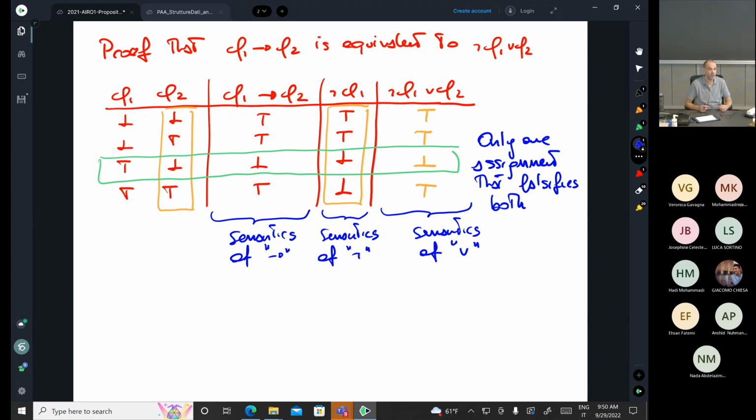As we will see, we will learn how to make proofs without resorting to truth tables. Why do we not want to resort to truth tables? Because if you have n variables in your formulas, then the truth table has 2 to the n rows.